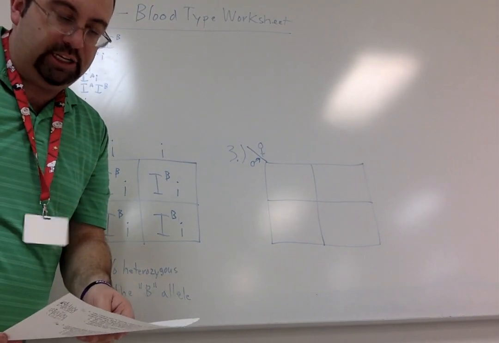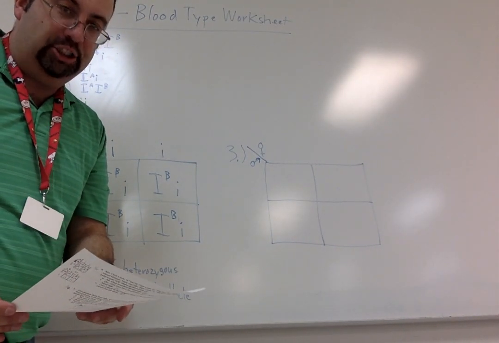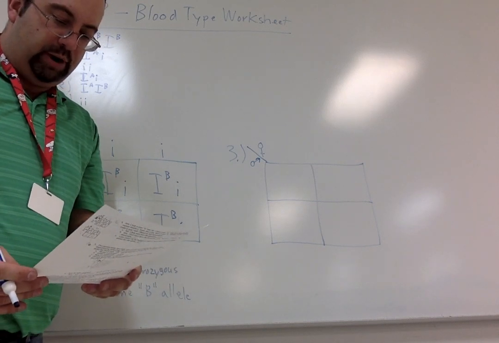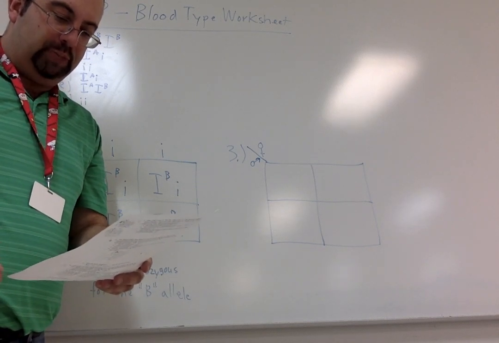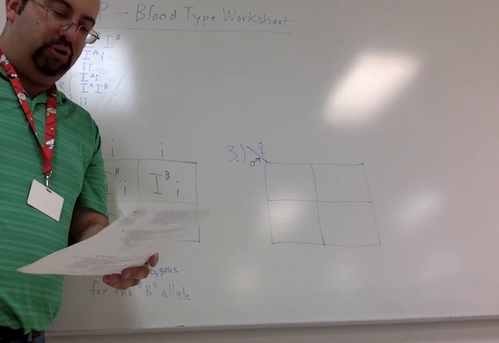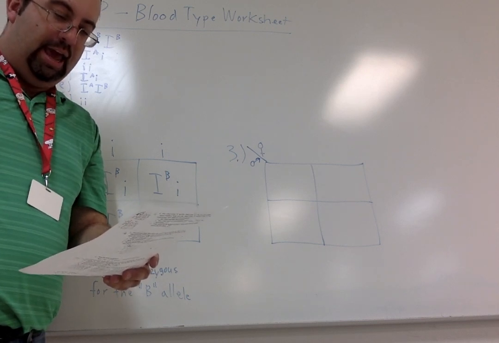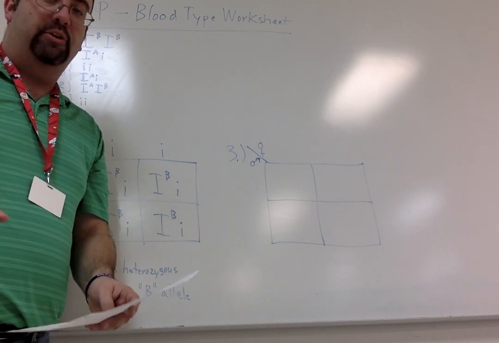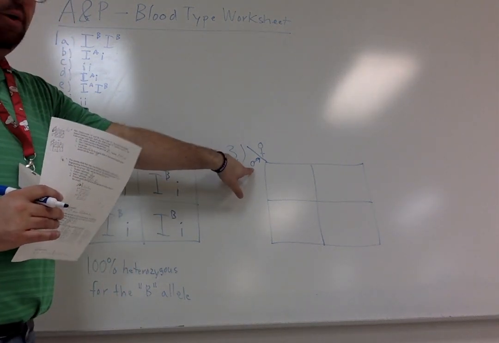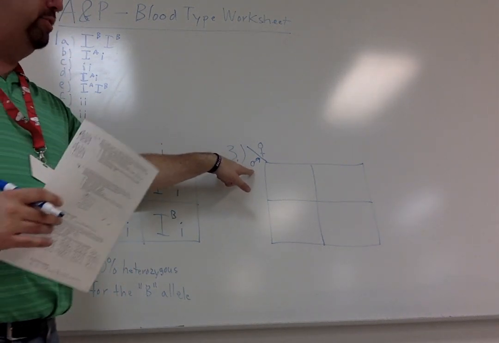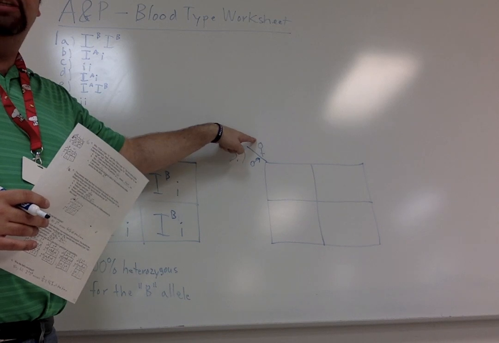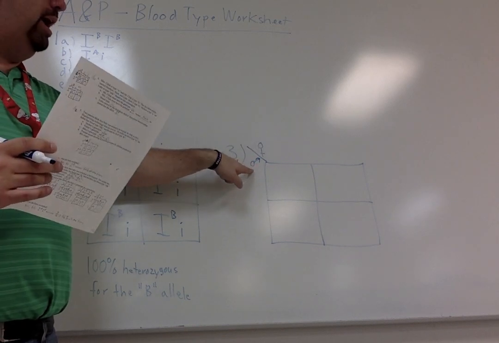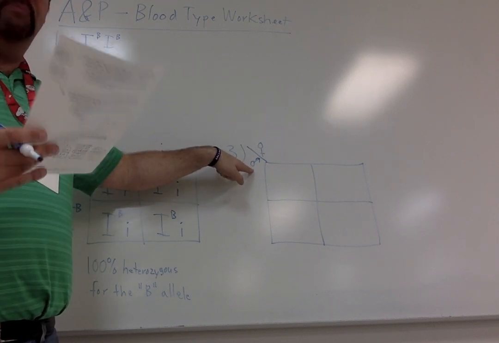The other example on the front of the page says to draw a Punnett square showing all the possible blood types for the offspring produced by a type O mother and a type AB father. Again, remember that the arrow here is symbolizing male, the father. The cross here is symbolizing female. So we're going to put the father's genotype down.